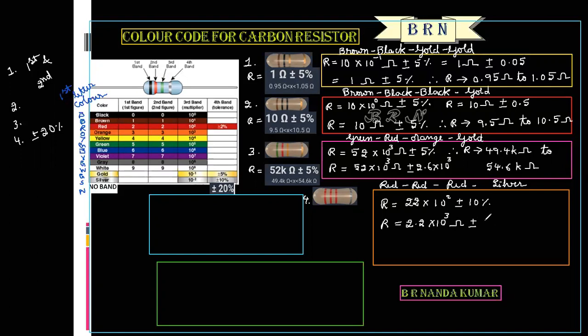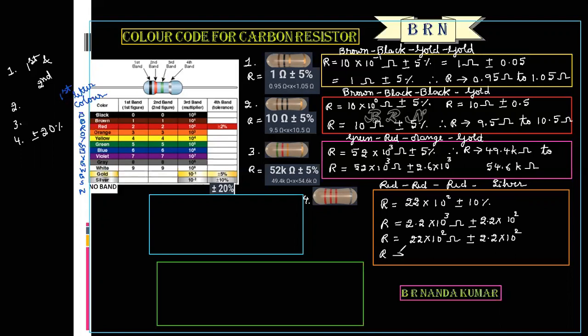So 220 means 2.2 into 10 power 2. So R is equal to 22 into 10 power 2 ohm plus or minus 2.2 into 10 power 2.